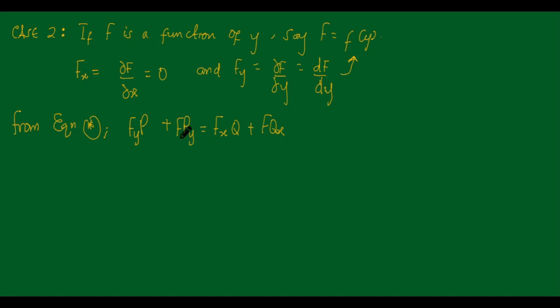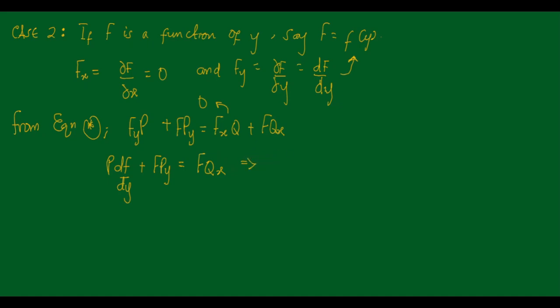By substituting the necessary values, we now have that p df dy plus f multiplied by p subscript y must be equal to, recall that f subscript x is equal to 0. So we have the first term of this equation on the right hand side to be equal to 0. So this will be equal to f multiplied by q subscript x.